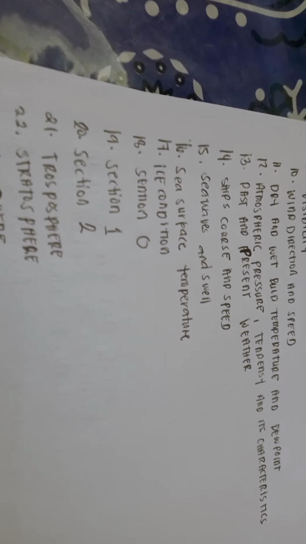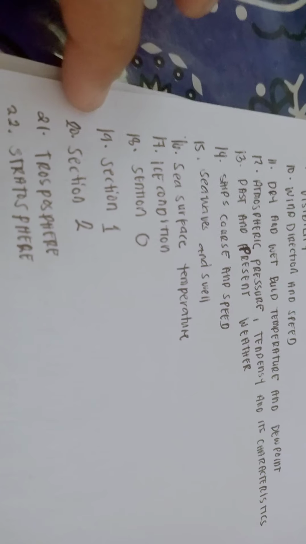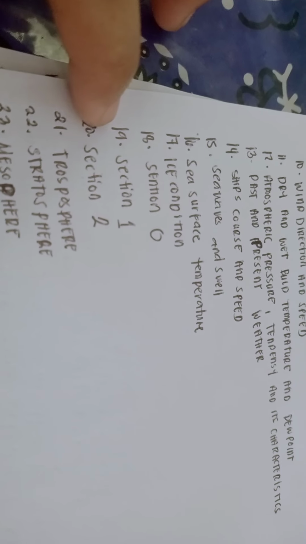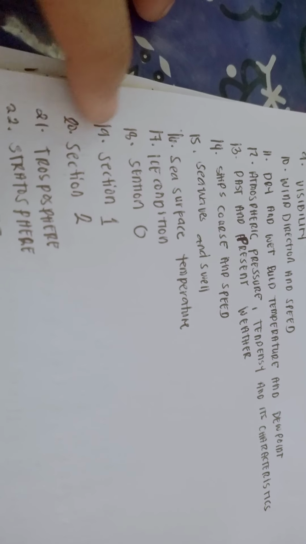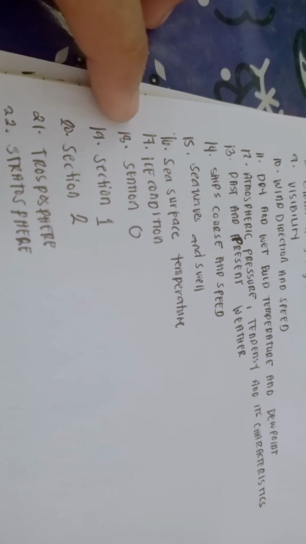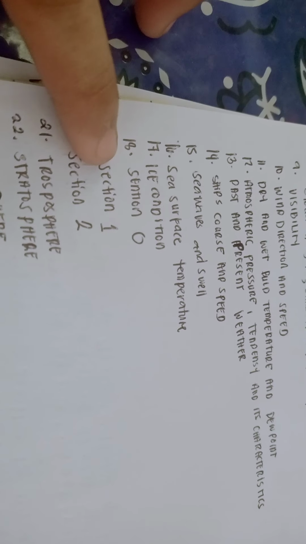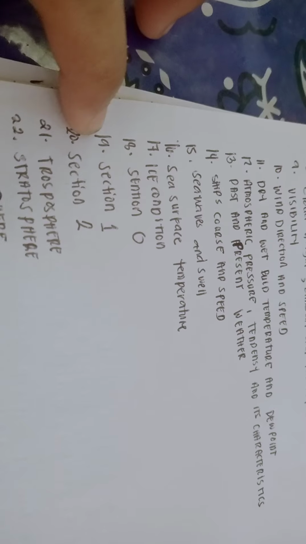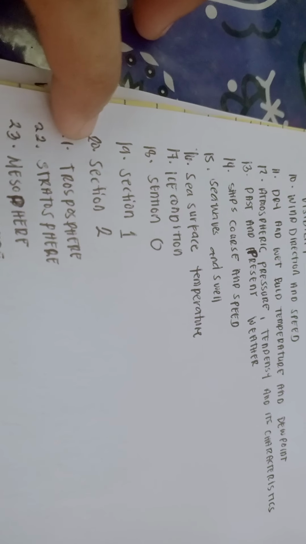Number 18 to 20, we have 3 main sections of the ship synoptic code, which is section 0, section 1, section 2.